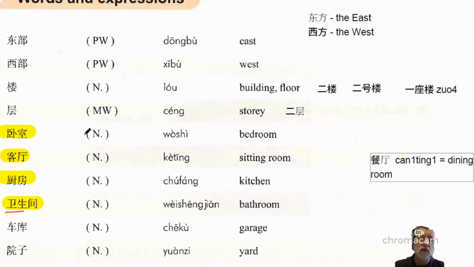And I just mentioned before that we now have 4 words for room. So we have 室, 厅, 房, and 间. It's interesting.